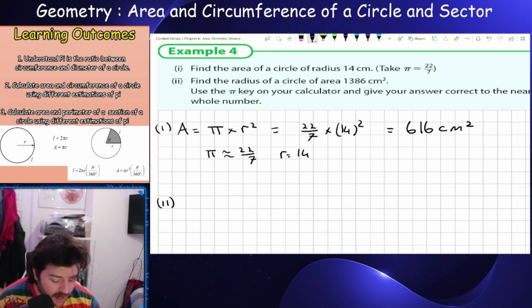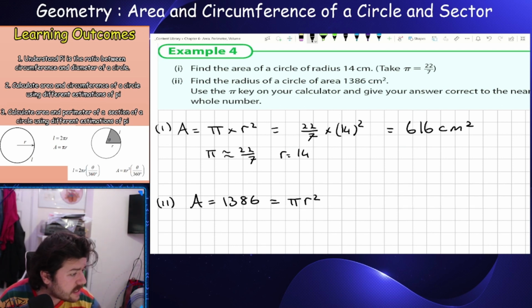So the area is equal to 1,386. And I know the area of a circle is equal to pi r squared. We're asked to find what the radius is. Well, I have pi times the radius squared here, so I'm going to divide both sides by pi.